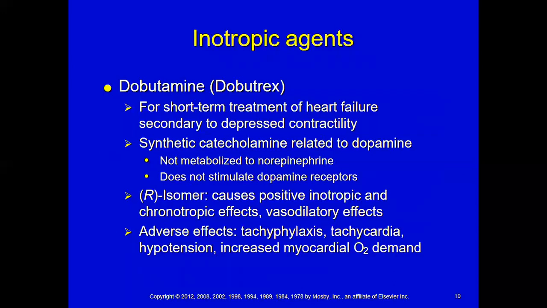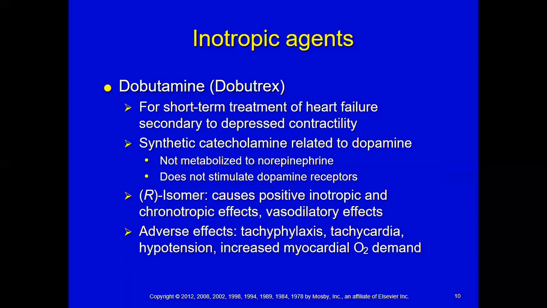So it's going to be positive inotropic, meaning it's going to make me squeeze harder, and chronotropic, which means I'm going to speed up my heart a little bit. And then the thing here, it's going to make me vasodilate a little bit. So if I have a low blood pressure, this is not something we would give, okay? Because now I'm going to vasodilate, all right?